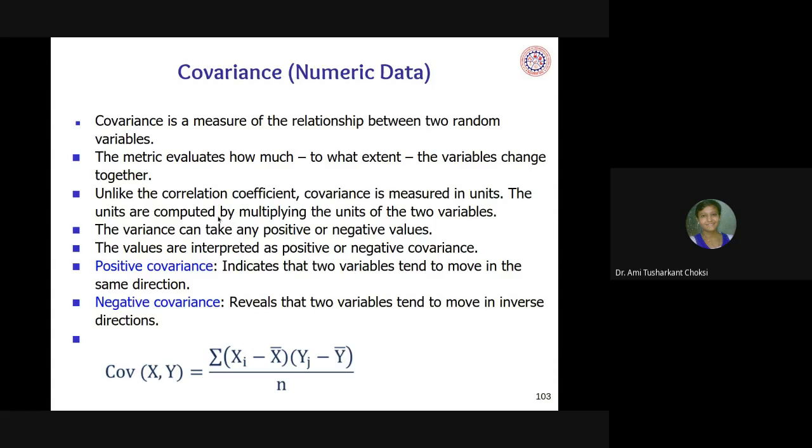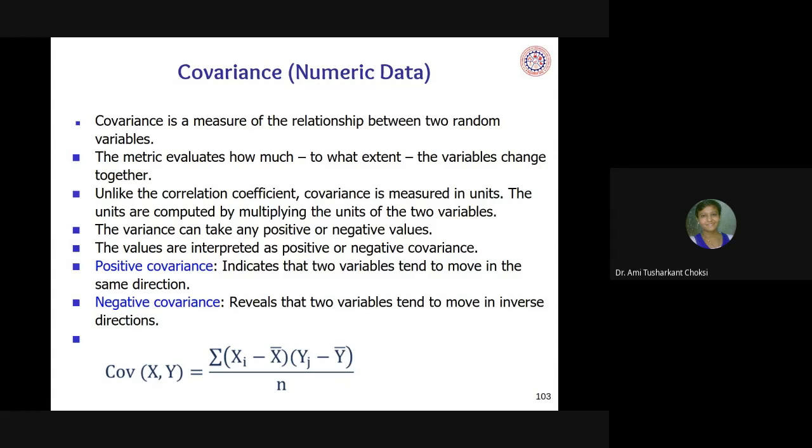The units are computed by multiplying the units of the two variables. The covariance can take any positive or negative values. The values are interpreted as positive or negative covariance. What do we mean by positive covariance? It indicates that two variables tend to move in the same direction, right? In the same direction. We do not say only increasing together.